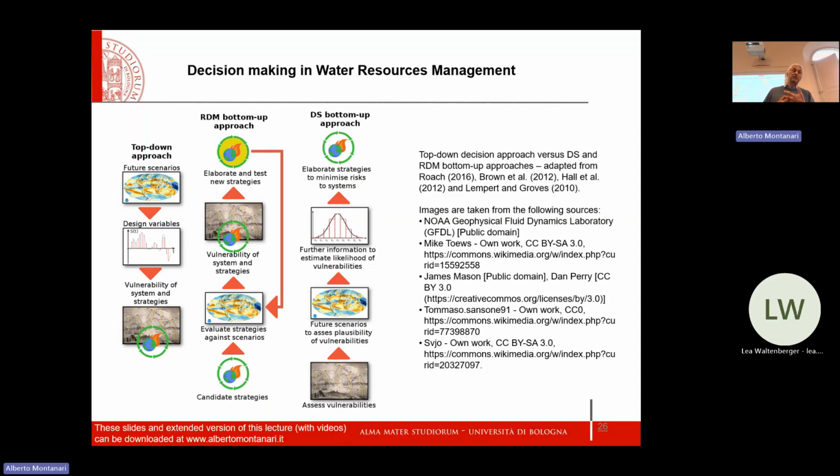So even if the strategies are placed in the last step, when one is suggested to focus on current vulnerabilities, there is anyway a bottom-up approach, starting from the solution.